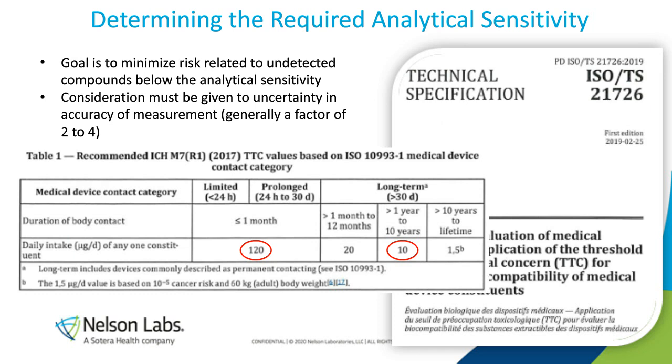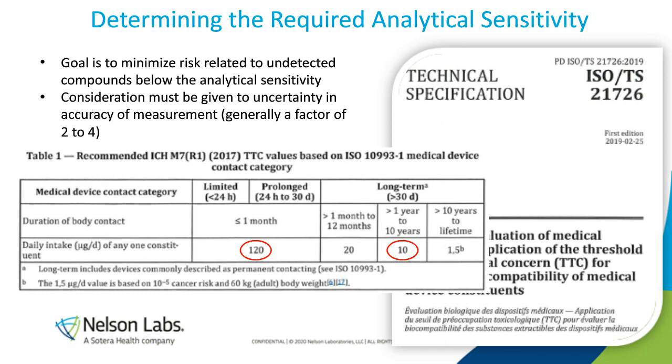I just want to note that 1.5 micrograms per device for some types of devices can be really, really challenging to screen that low. And really, to do the AET right, you need to go even lower. So it's not always the wisest or most appropriate thing to use the absolute lowest TTC.